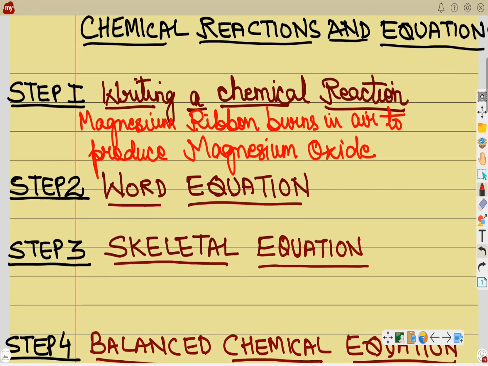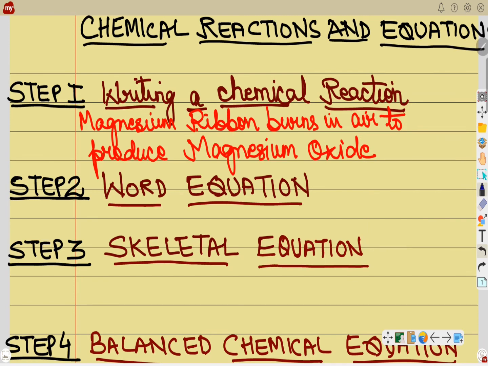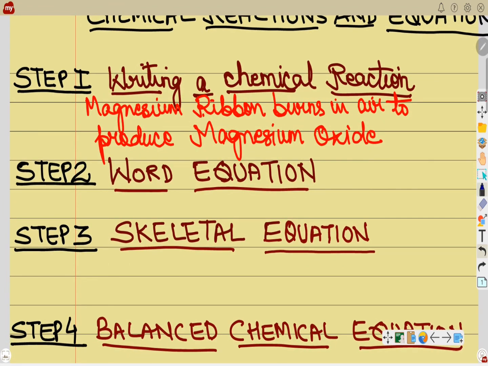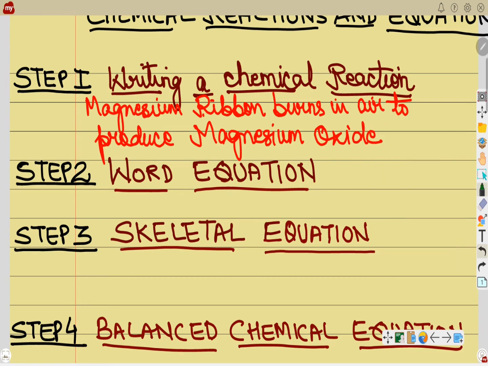We now have to find out the reactants and the products in this chemical reaction. Then we will be able to proceed to the next step, which is writing a word equation. So what we have to do now is find the various reactants and products here. How do we find that out? Magnesium ribbon burns in air.